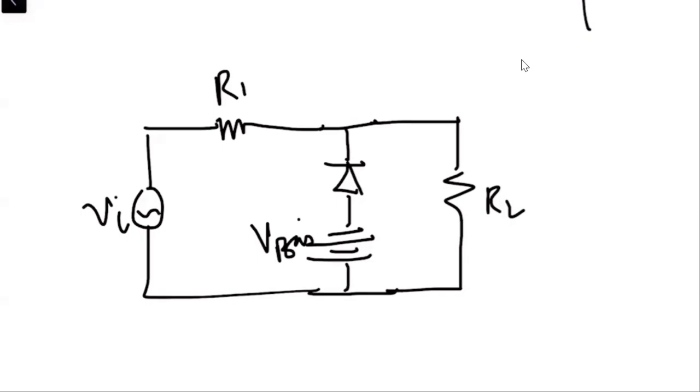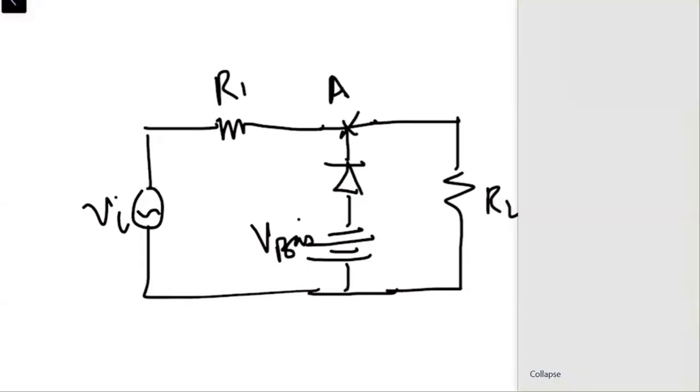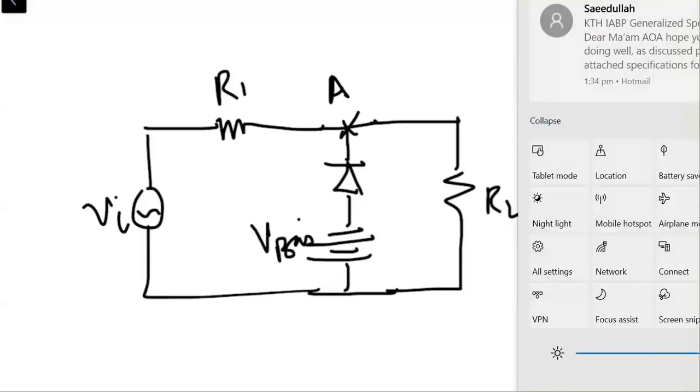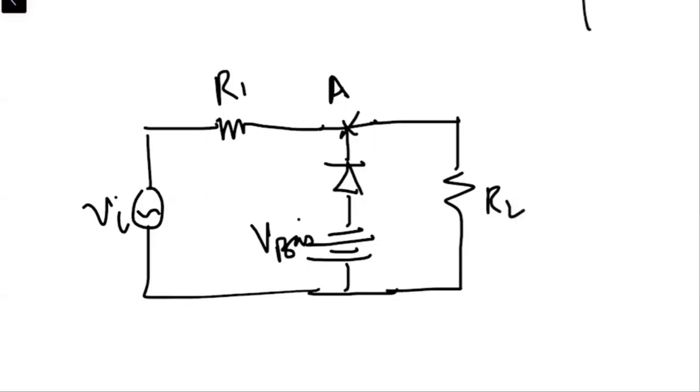Now, what will happen? As you can see, the diode is being held to the negative side of the V bias, right? And the potential over here, we say point A. Now, what is going to be the output?